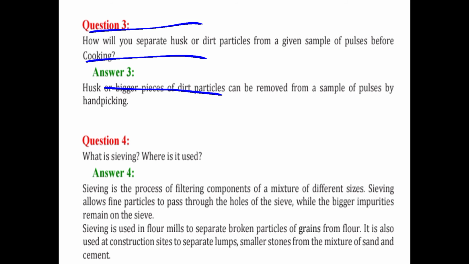Sieving allows fine particles to pass through the holes of the sieve, while the bigger impurities remain on the sieve. Sieving is used in flour mills to separate broken particles of the grain from the flour. It is also used at construction sites to separate lumps and smaller stones from the mixture of sand and cement.